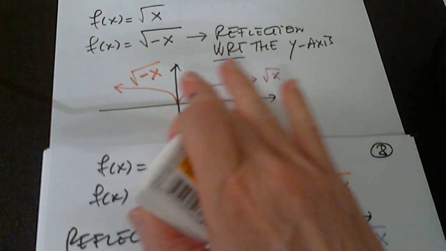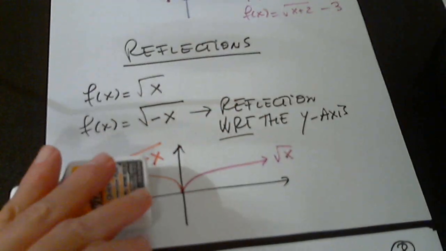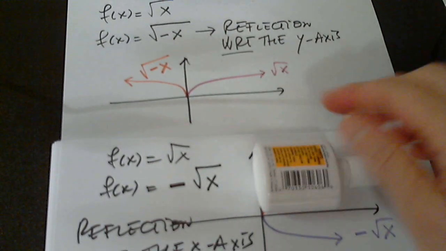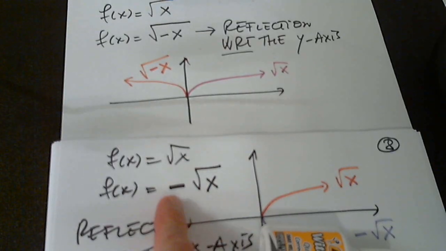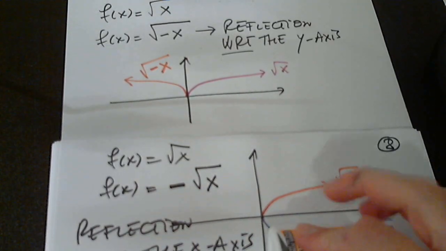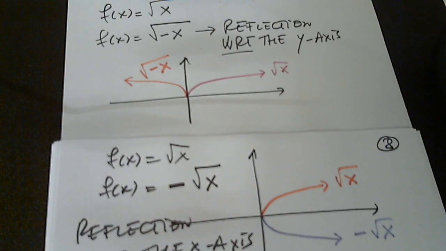So when we change x into negative x, or negative x into x, but here when we change y into negative y, or negative y into y. So let's illustrate with another function. Do you want to pick, or I will?